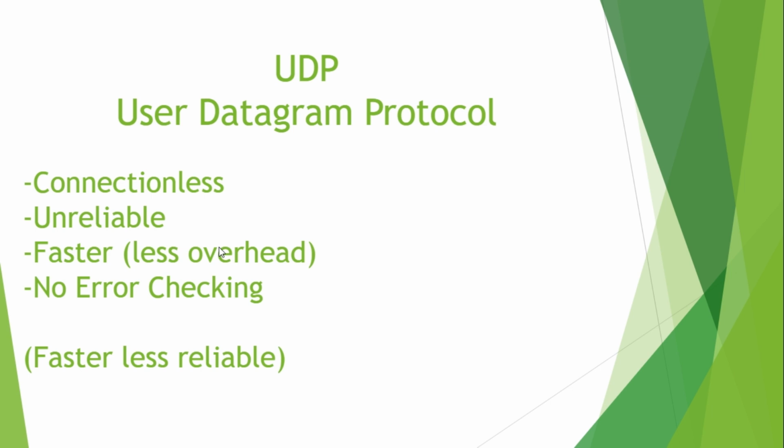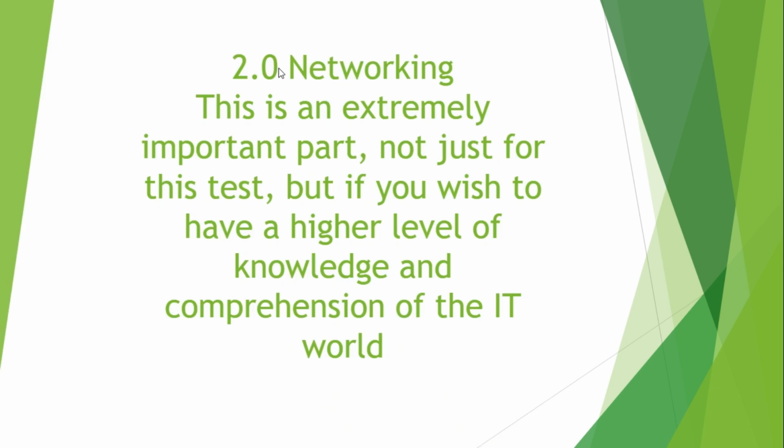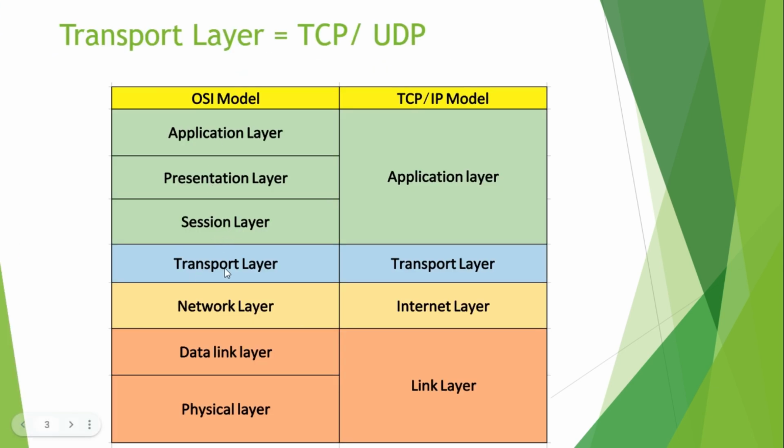So that's the difference between TCP and UDP. Doesn't matter if you're dealing with TCP or UDP, because both are still components of the transport layer, whether we're referring to the OSI model or the TCP/IP model.